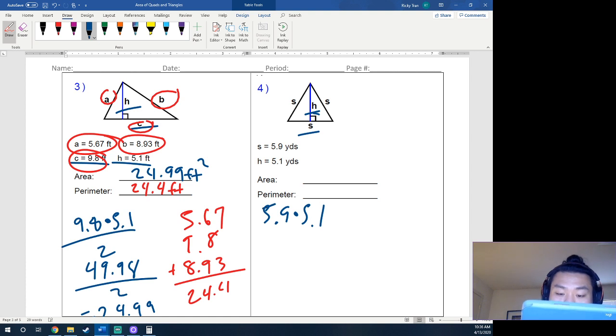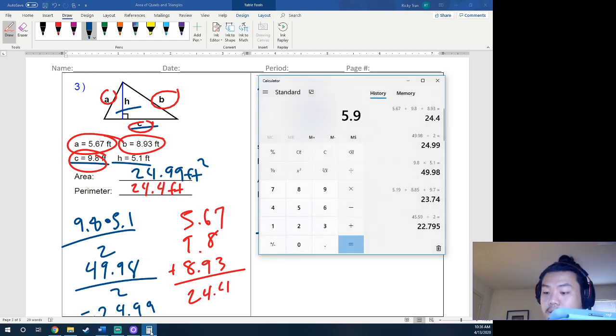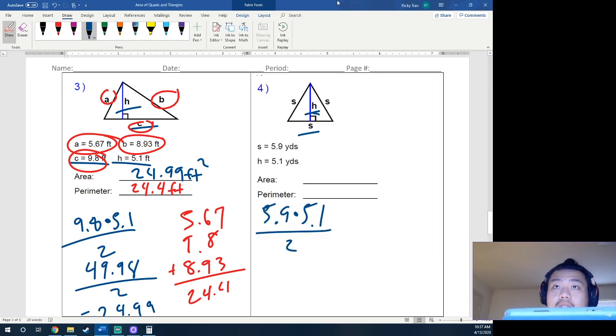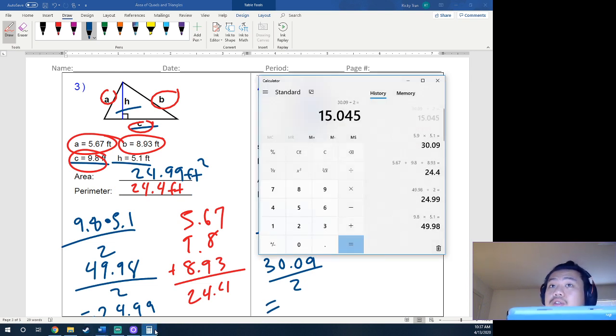Okay, divided by 2, which is 5.9 times 5.1, 30.09 divided by 2, which is 15.05.